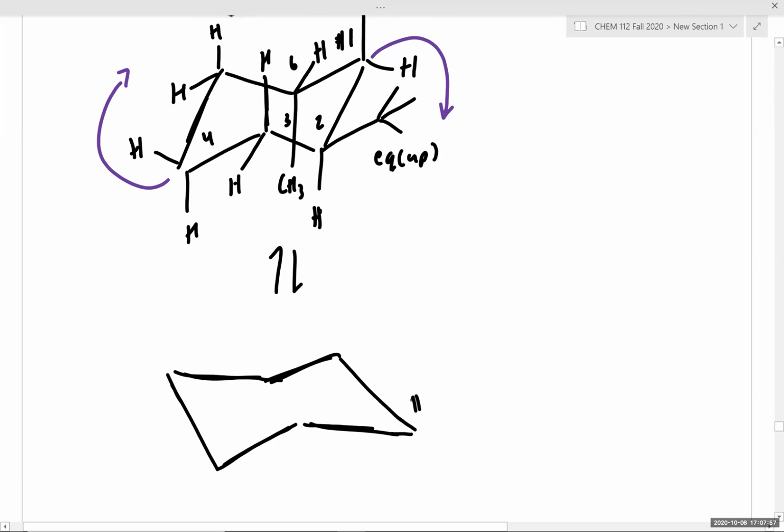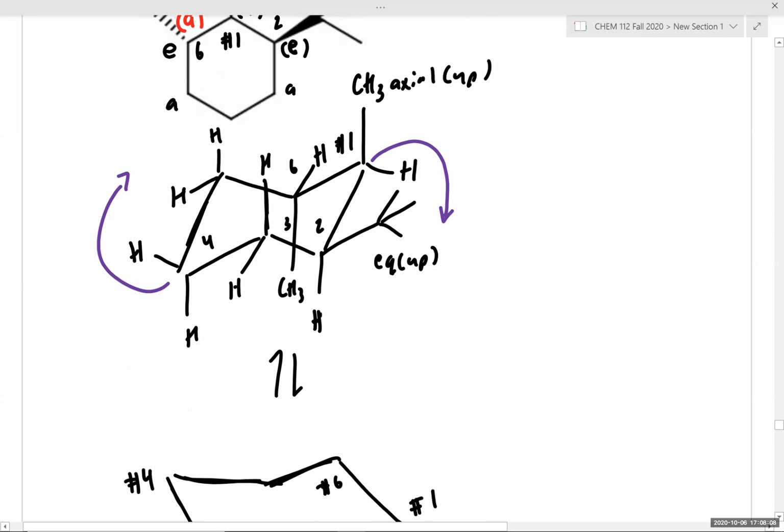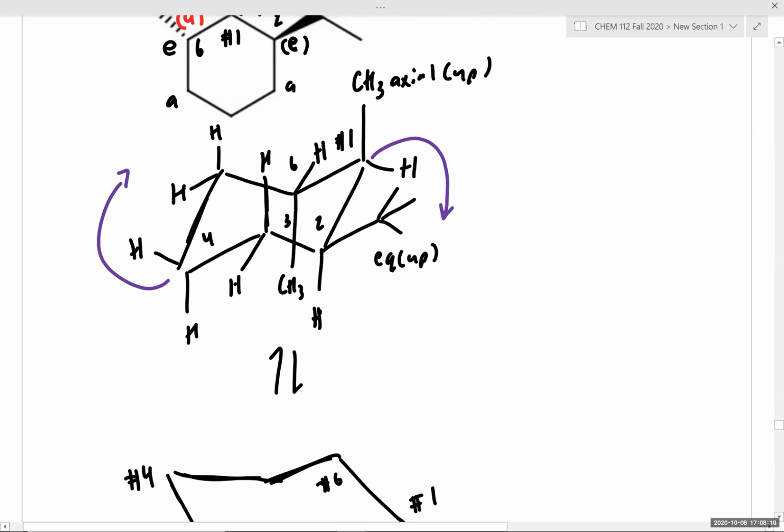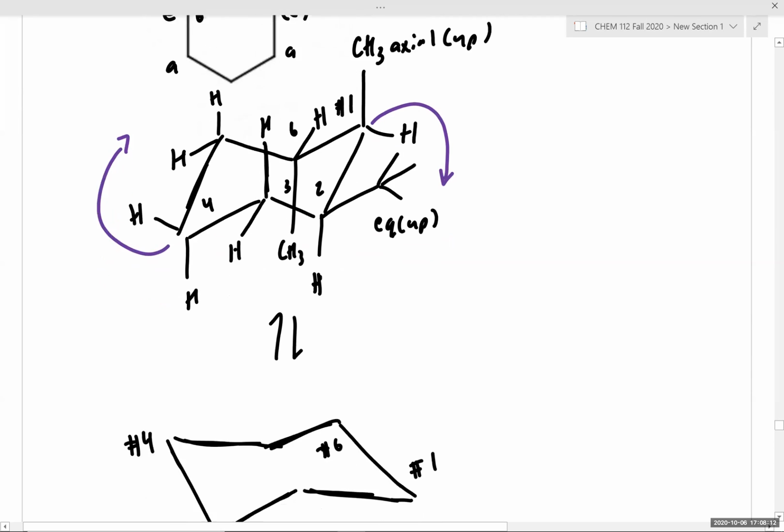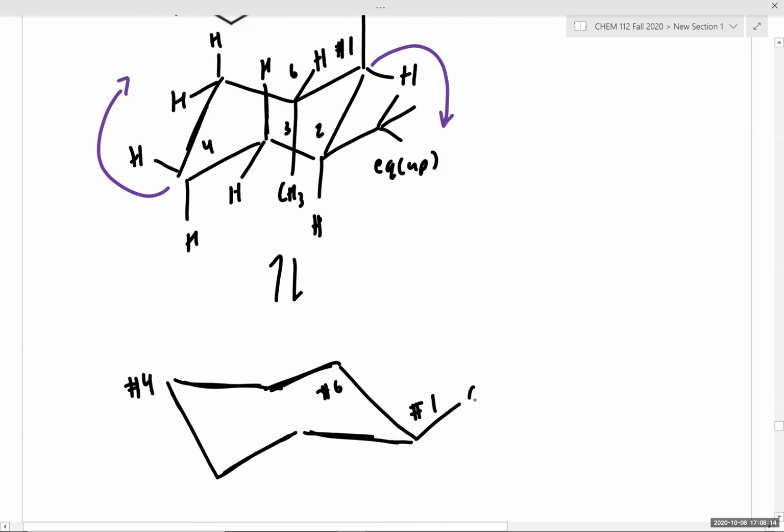Okay, carbon number 1 is down here, carbon number 4 is right here, and carbon number 6 is right here. It's really important that you don't mix up your carbon numbers after a ring flip. The methyl group is still pointing up, except this time, instead of being in the axial position, it's in the equatorial position, pointing up.